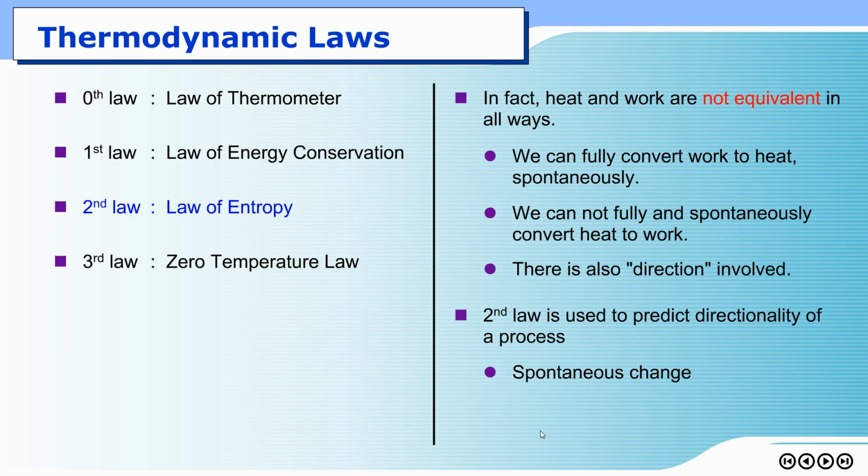It does not flow by itself. So even though the flowing is spontaneous, it has a natural tendency to flow downward from high elevation to low elevation, as long as I have the dam in between, there's no flow. So spontaneous change doesn't mean it will change. It just has a natural tendency to change.